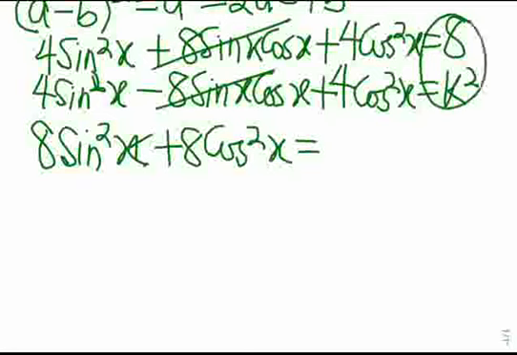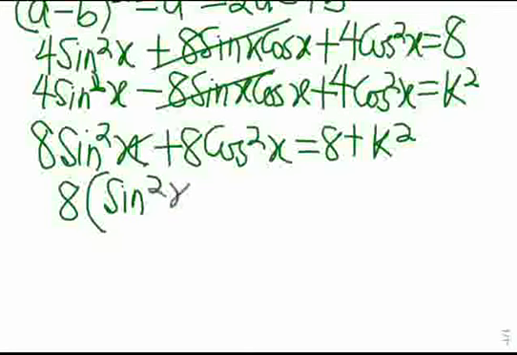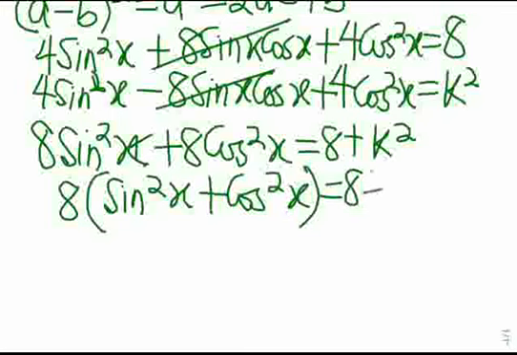Adding these two answers will give 8 plus k square. Now from this other side, we can factorize out our 8. That is 8 into sin square x plus cos square x equals 8 plus k square.